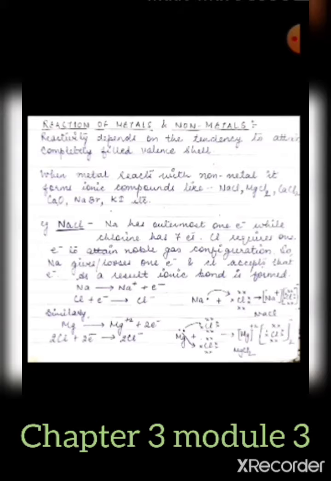Whereas when the electrons are shared between the atoms, that means the electrons are counted with both the atoms which are combining, then it is known as a covalent bond. So here we will be discussing only metals and non-metals, and in this case we will be discussing ionic bond only, because the covalent bonds we will be discussing in carbon and its compounds.